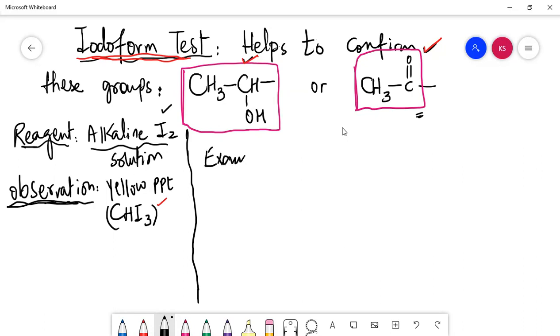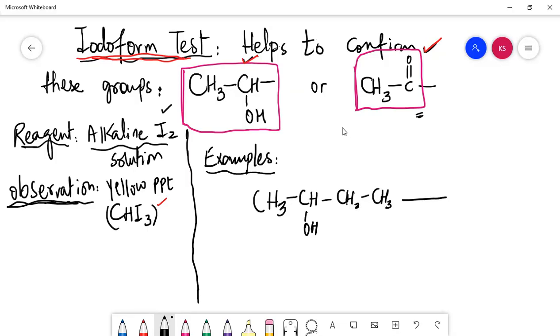You see, what happens is typically they give you 2-3 compounds in the question and they say whether it would give a positive iodoform test or not. उसमें से आपको pick करके बताना होता है. Let's say if I have this alcohol, that's 2-butanol, and we put it in iodine and NaOH, like iodoform का reagent है, alkaline iodine, and we heat it slightly.